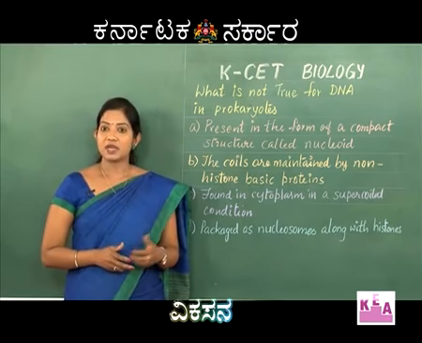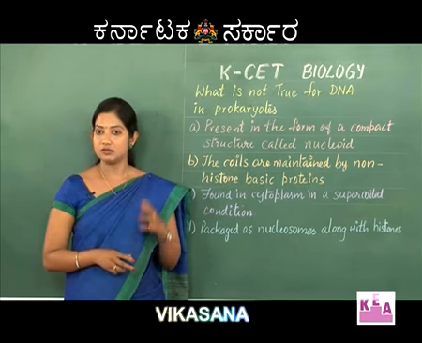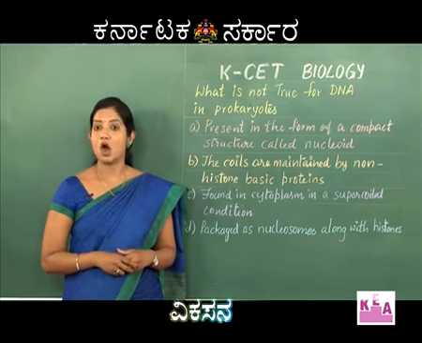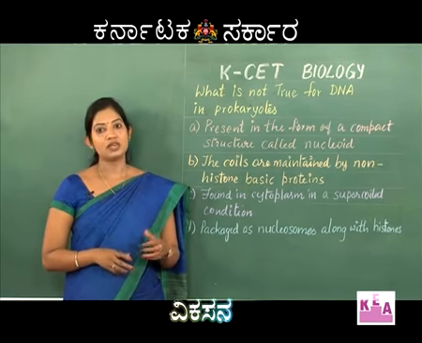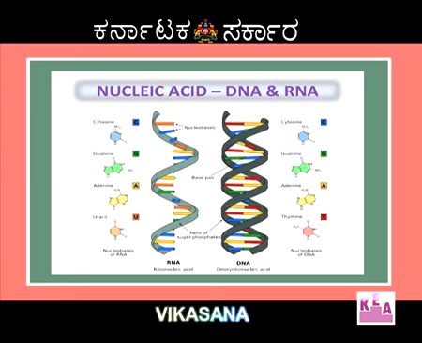When the biological information is stored in the nucleic acid and it gets transferred or inherited to the offspring, then the nucleic acid is specifically said to be a genetic material. The nucleic acids can be classified into two types, DNA and RNA.